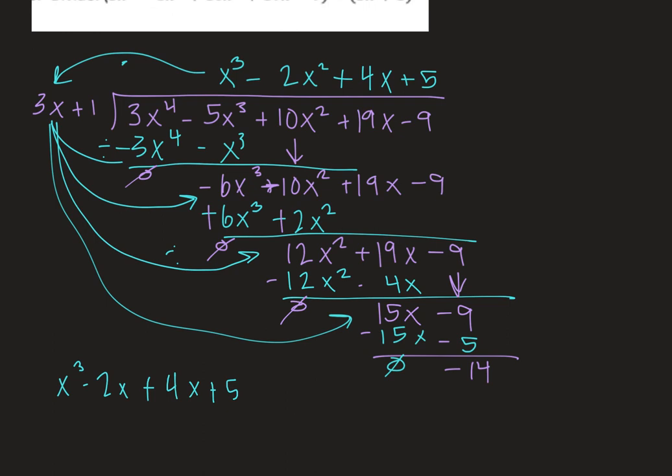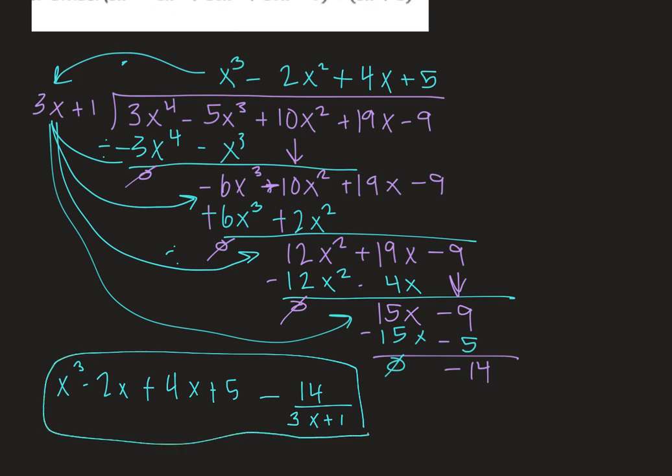And then we have a remainder of negative 14. So we're just going to go negative 14 over our divisor, 3x plus 1. Okay. So I know these are long problems, but there's not a whole lot you have to remember because you just do the same process over and over again in this case.